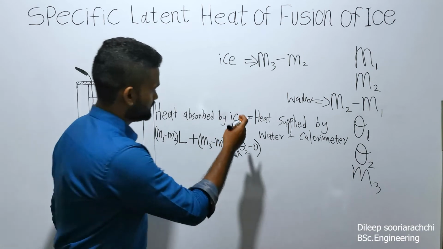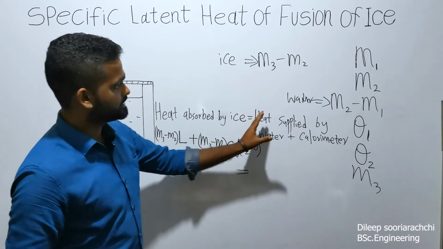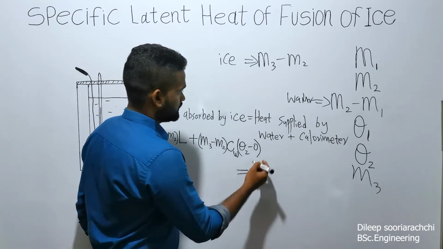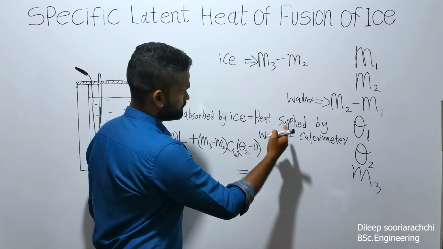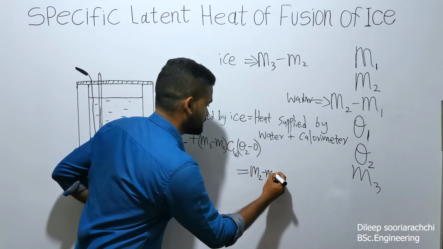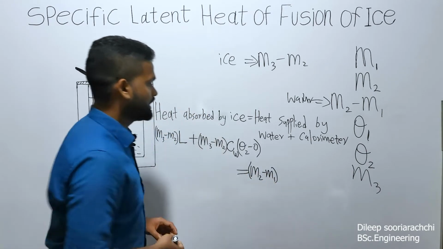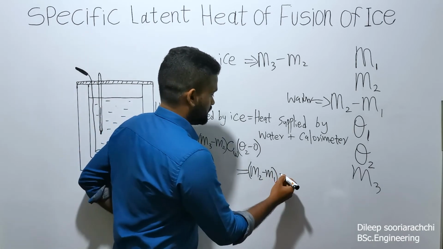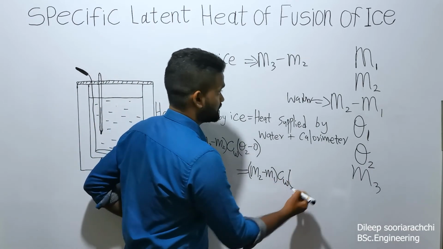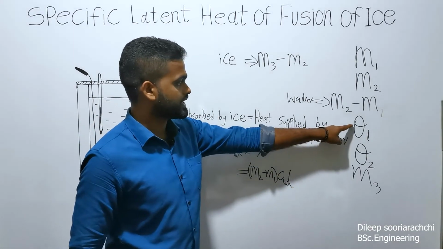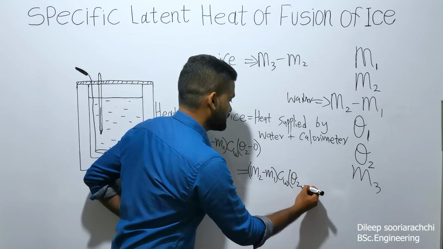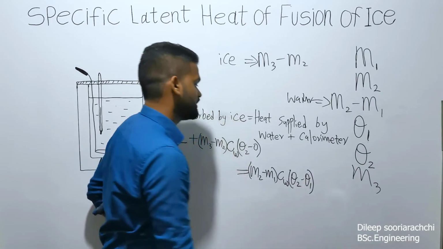Then we write an expression for heat supplied by water plus calorimeter. The mass of water is M2 minus M1, the water inside the calorimeter, multiplied by the specific heat capacity, then the temperature difference. Initially the water was at theta 1, now it is at theta 2, so the temperature difference is theta 2 minus theta 1.